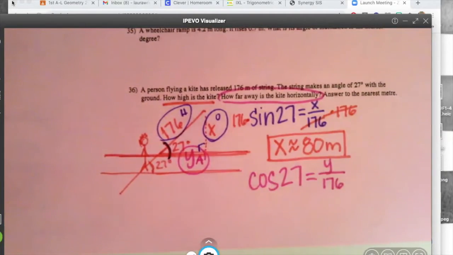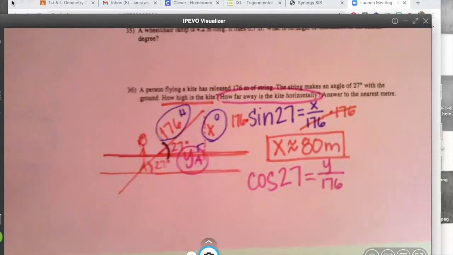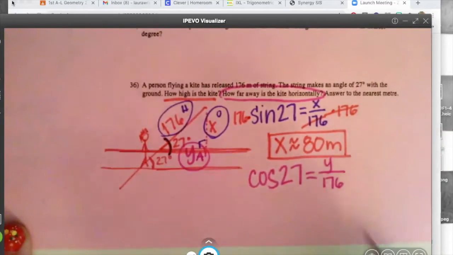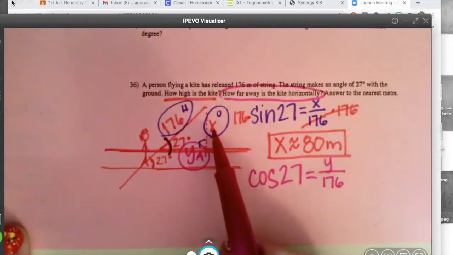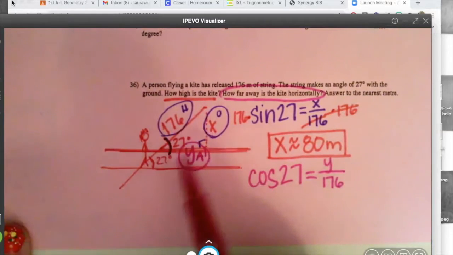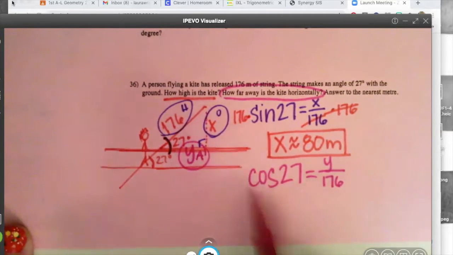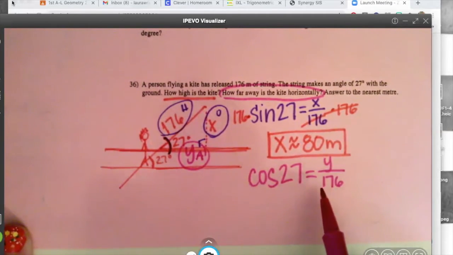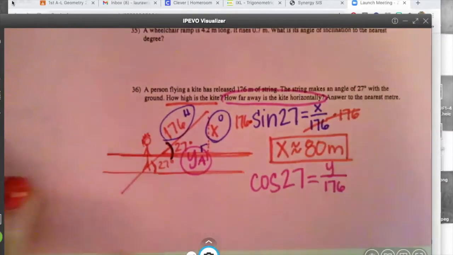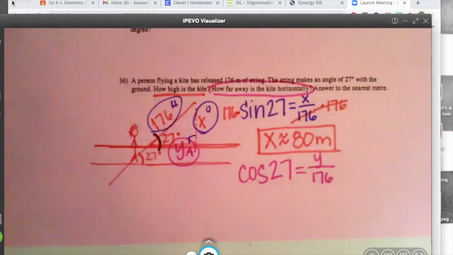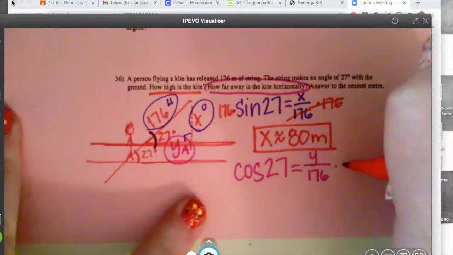So the only thing that changed there was cosine. Now, let me just point out as well, since you have an approximate value for x, you could technically use 80 degrees right here and use Pythagorean theorem to solve your missing side. But to be really honest, y'all, this is easier than Pythagorean theorem. It's far fewer steps because all you're going to do is multiply times 176 and then type it in your calculator.